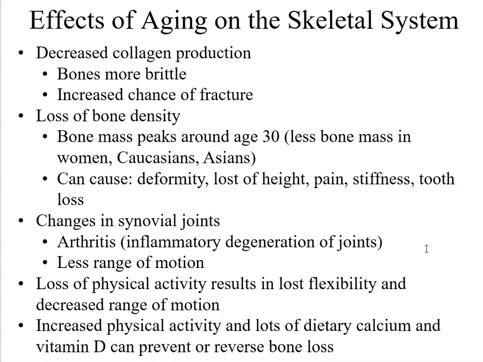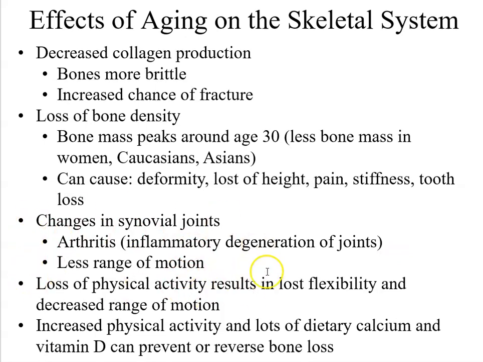This can lead to pain and stiffness, and also arthritis, which is an inflammatory degeneration of the joints. There are some types of arthritis that are unrelated to age, like psoriatic arthritis or rheumatoid arthritis. These are autoimmune diseases that you can get at any point in your life. But osteoarthritis is tied to age as the cartilage of your joints starts to break down.